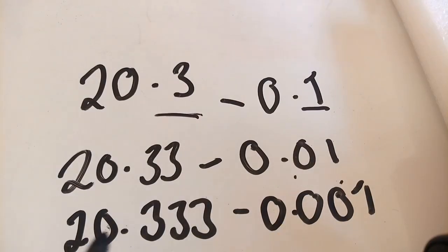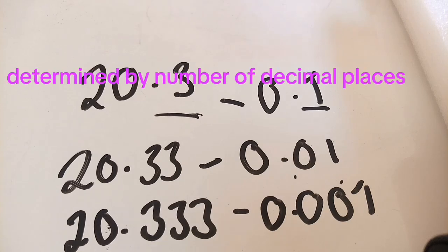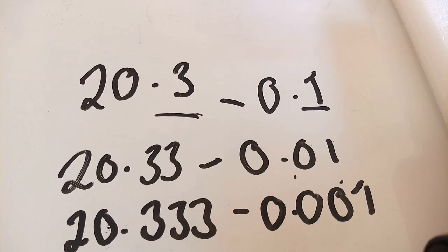So these are the least units of measurements of these numbers. The least unit of measurements of a number is determined by the number of decimal places that specific number has. Now, since we've talked about the least unit of measurement, let's talk about the absolute error.